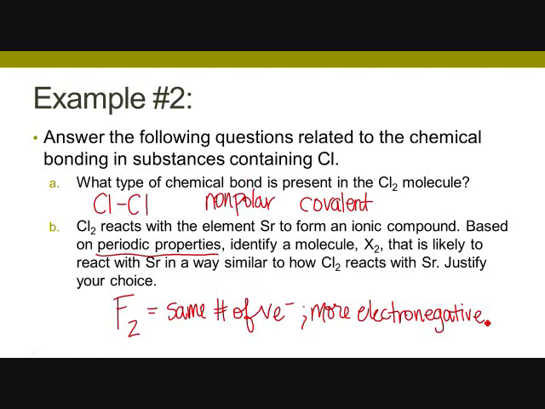It wants all the electrons it can get, and strontium has 2 that it could give. So that would be my choice: fluorine is a good one because it has the same number of valence electrons, it's in the same family, they're both halogens, and fluorine is more electronegative, so it will react very similarly to how chlorine reacts.